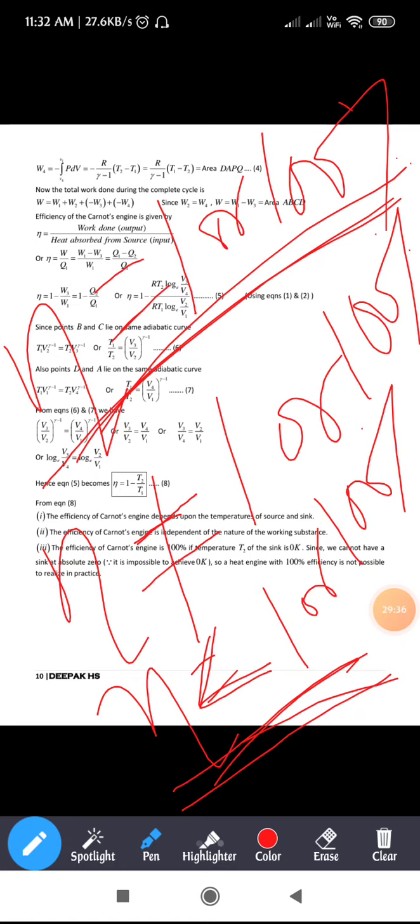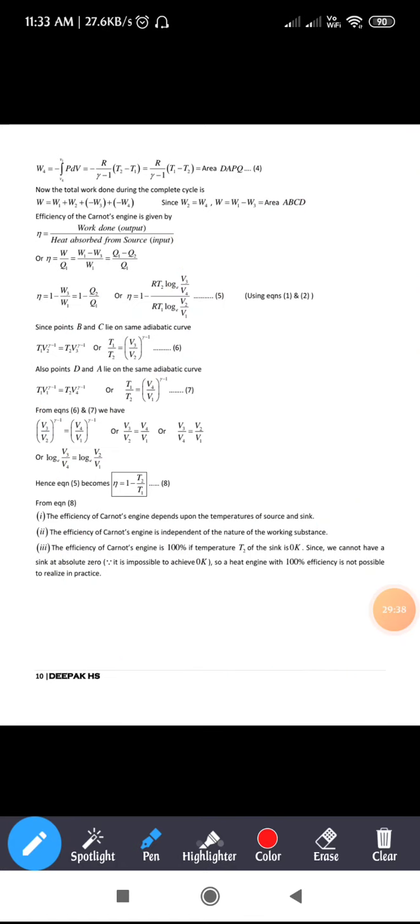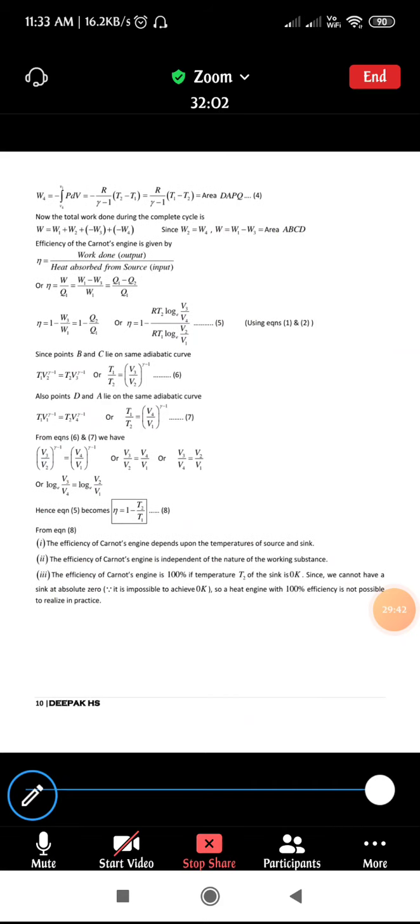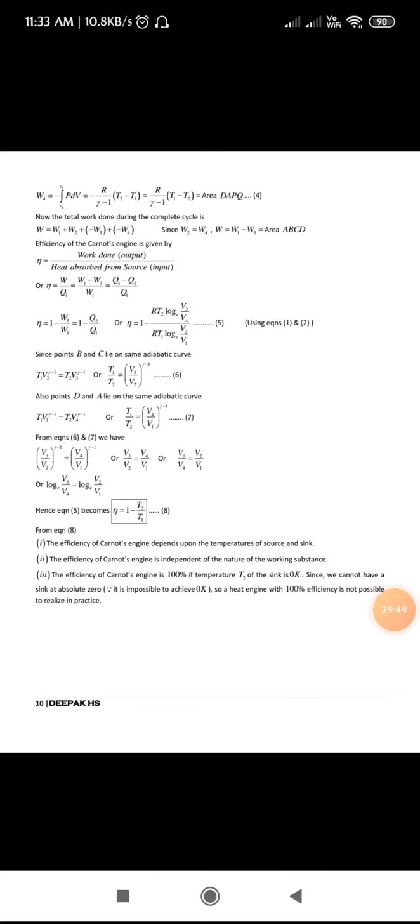Is it clear? Yes, students, is it clear?